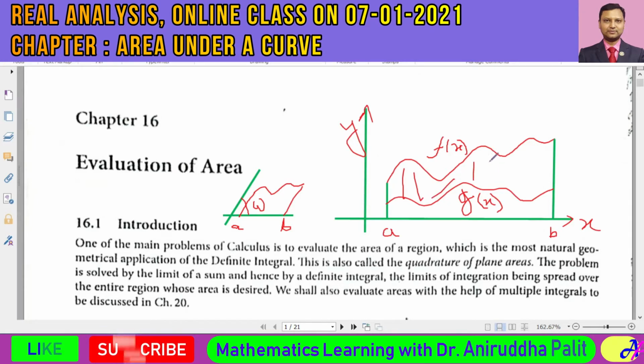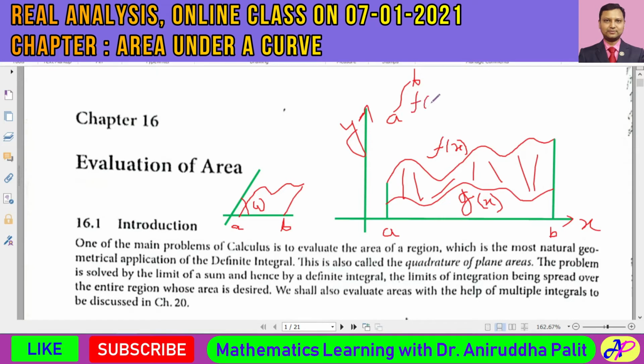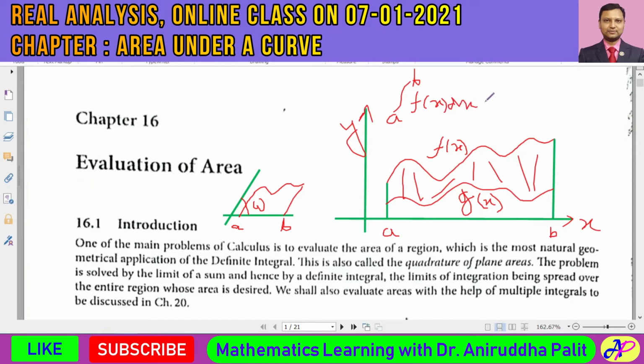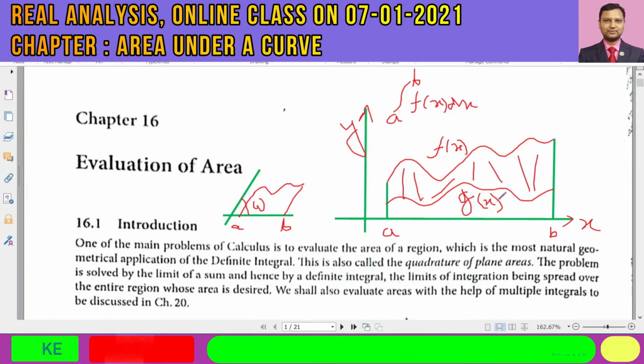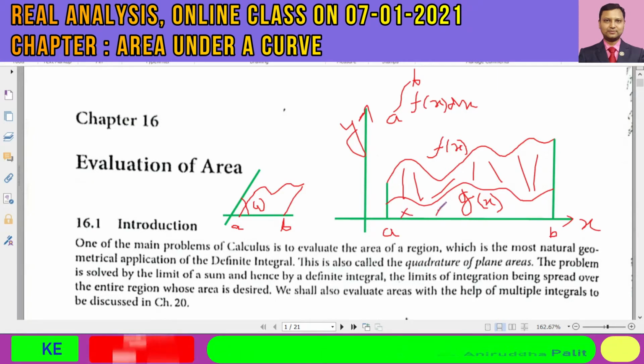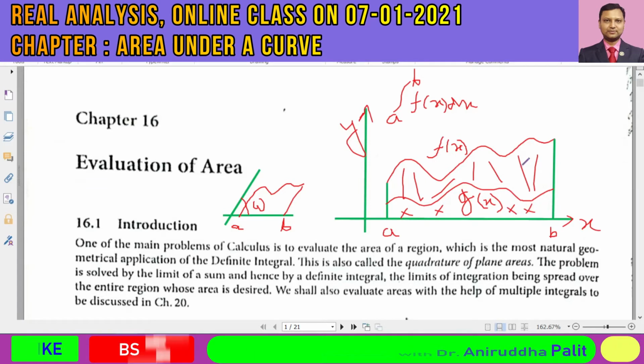The area under the curve f of x is the integral from a to b of f of x dx, and from it we have to remove the area under the curve g, so that we get the area between f of x and g of x.